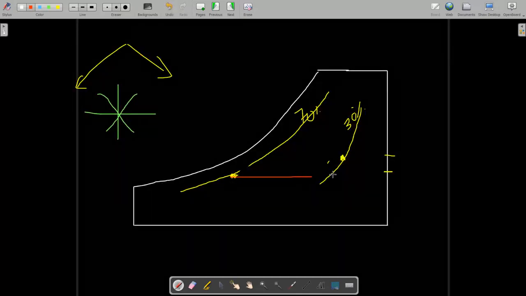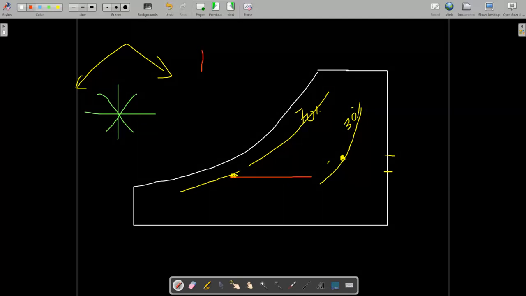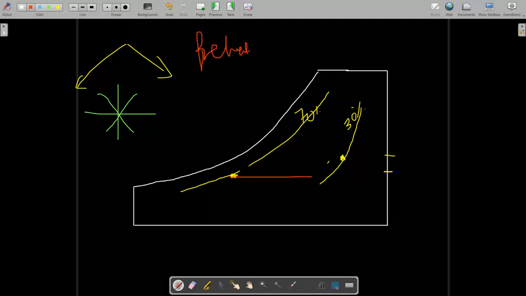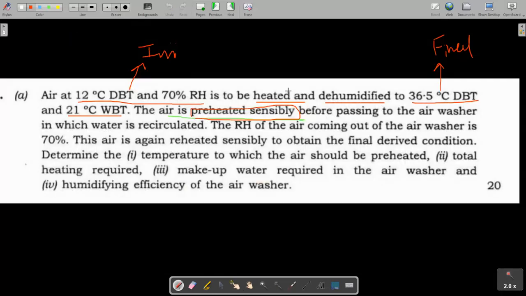Like this. And we will not heat up to the final temperature, because preheating means heating just above the initial condition and below the final condition. Then, before passing to the air washer, we did the sensible preheating.